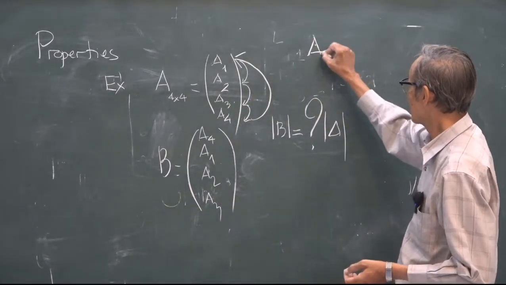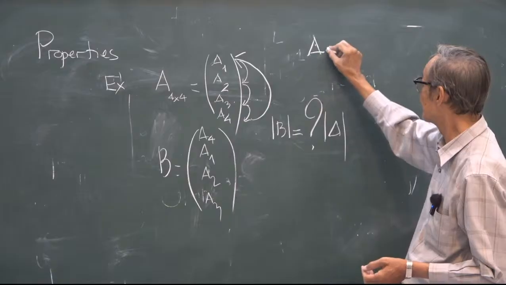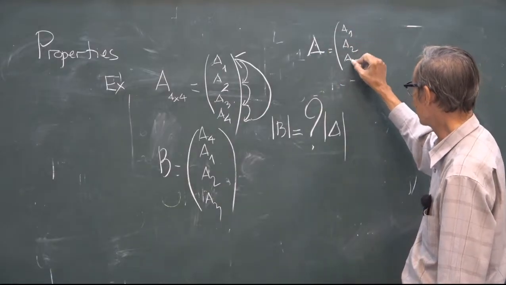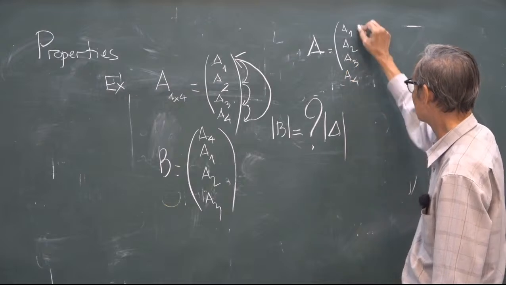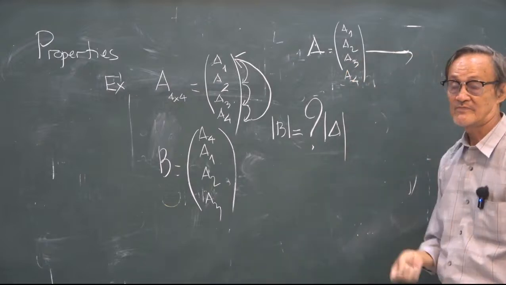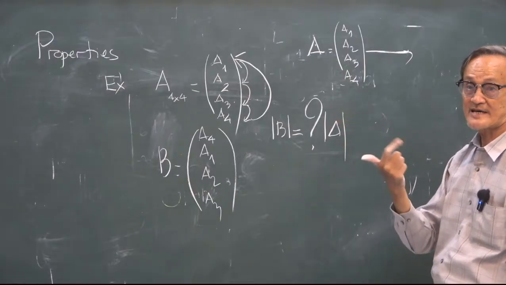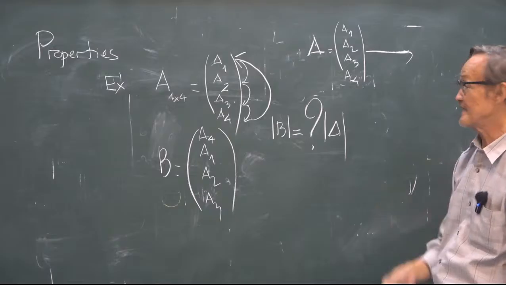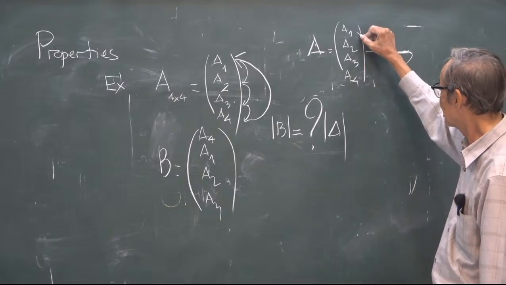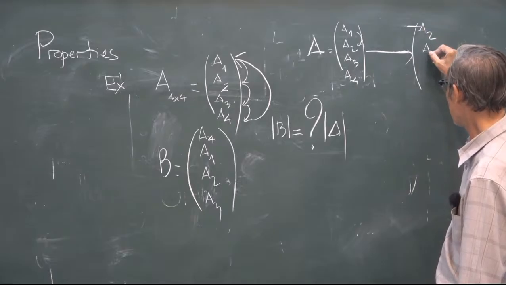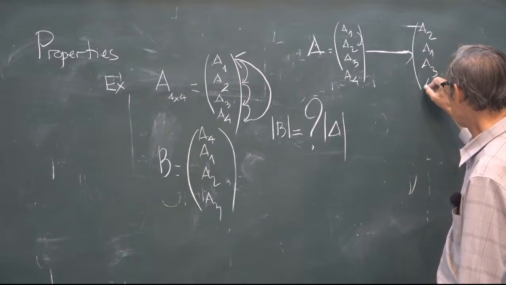Now we start with A: A1, A2, A3, A4. We transform by exchanging two rows, step by step. A2, A1, A3, A4.